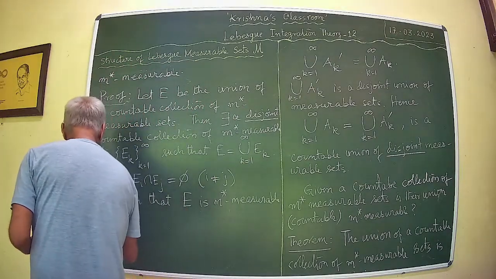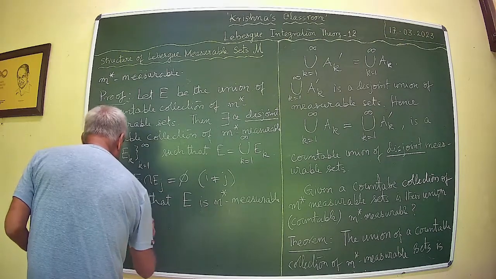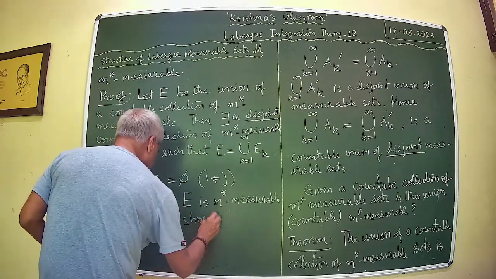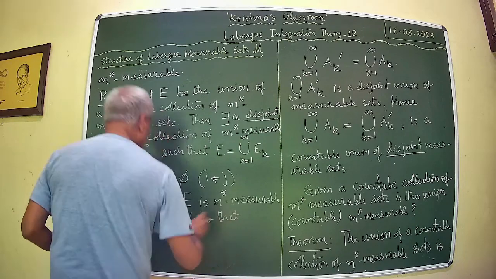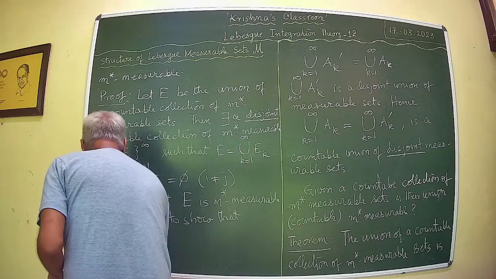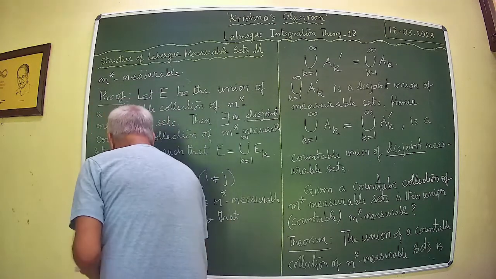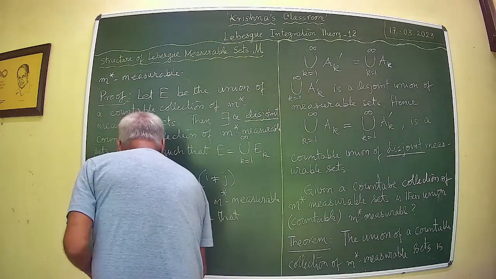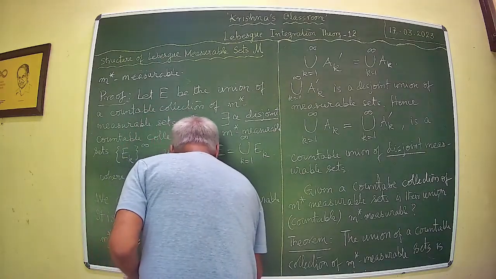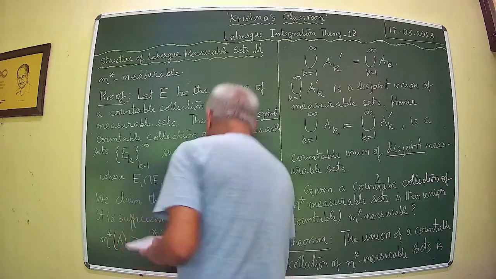It is sufficient to show that m star of A is greater than or equal to m star of A intersection E plus m star of A intersection E complement.